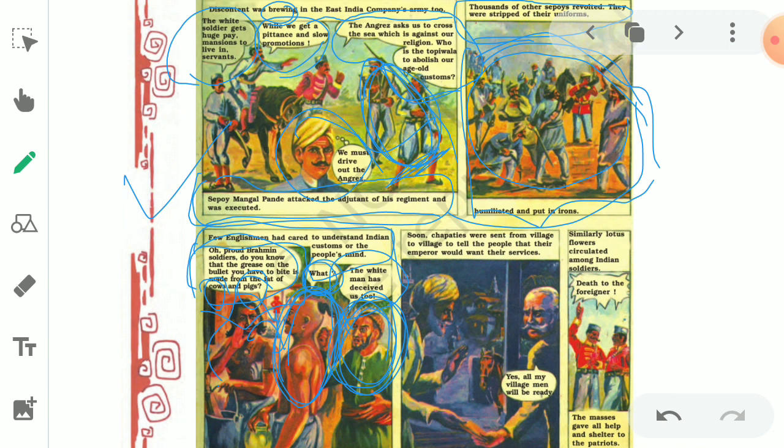Soon chapatis were sent from village to village to tell the people that their emperor would want their services. So the chapati, that is the food, was provided to villagers from village to village in order to take their attention towards whom?